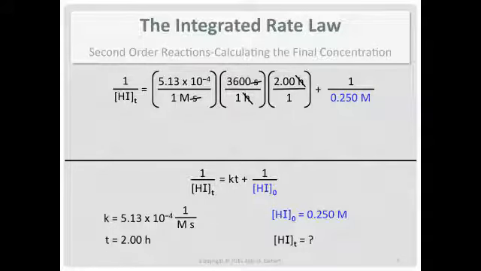Let's do some of the math here. Alright, so we get that part, 3.69 over molarity. And 1 over 0.250, well, that's 4 over molarity. Now the units may look weird right now, but two things on that. Number one, whenever you add things together that have units, they have to have the same unit.